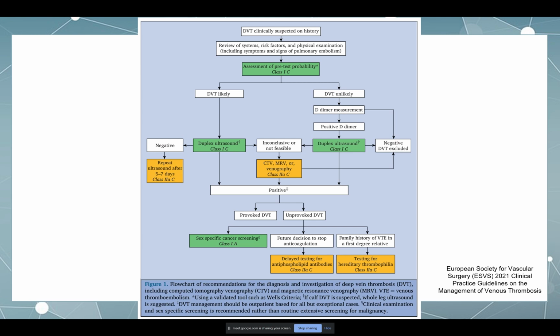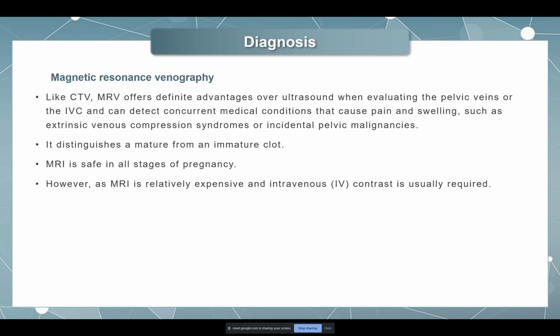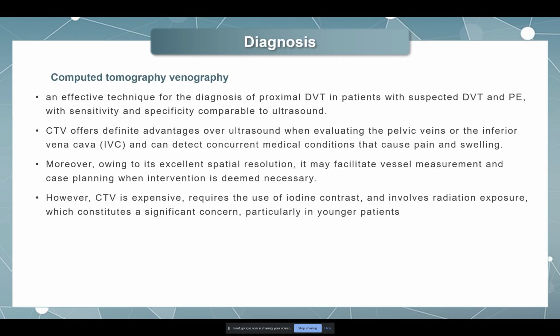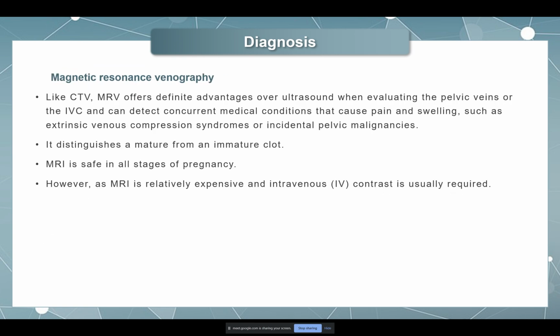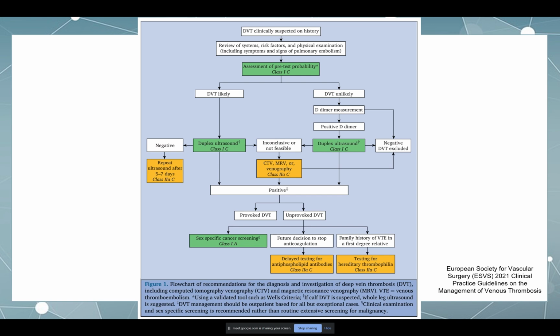So CTV, MRV, venography, throughout your time as a doctor, how many times have you ever ordered? Only CT, I see. When you were in medical school, have you ordered CTV, MRV for DVT? Yes, ultrasound. It's not cost beneficial in terms of risk versus benefit, cost factor is also a big issue. So in the end, if high risk, you're going to treat anyway, right? So might as well just treat.